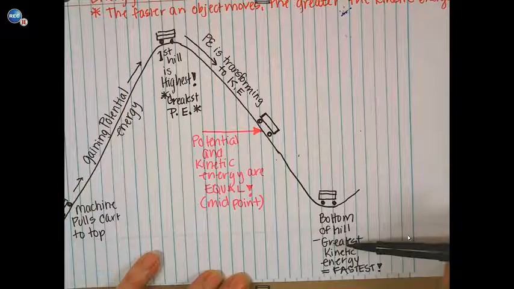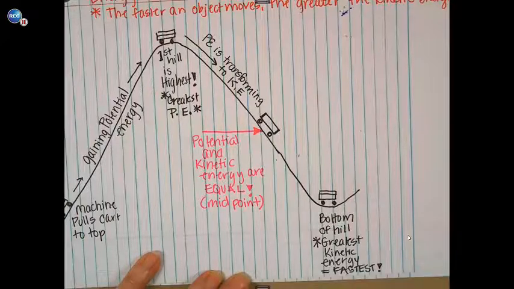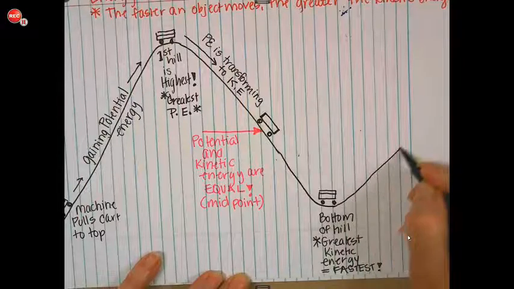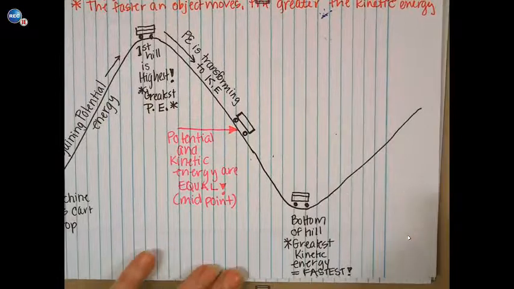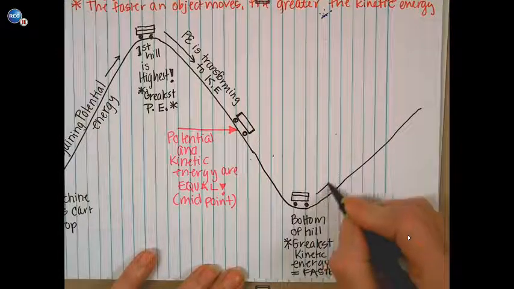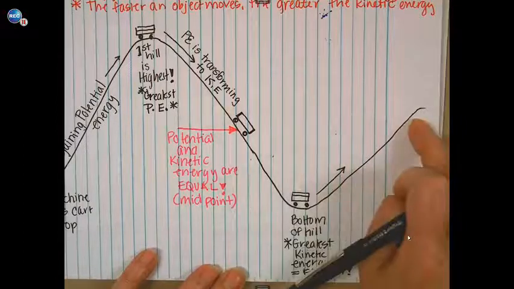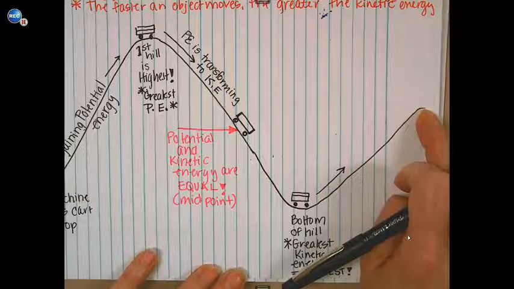So once again, here is the greatest kinetic energy, right? Greatest kinetic, he's at the bottom of the hill, he's moving the fastest. Now here we go up the hill again. So what's going to happen now? As the cart goes back towards the top of a little hill, even though it's not going to be the extreme greatest, potential energy will be up again here.